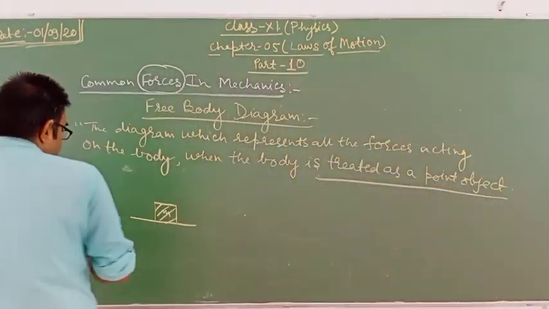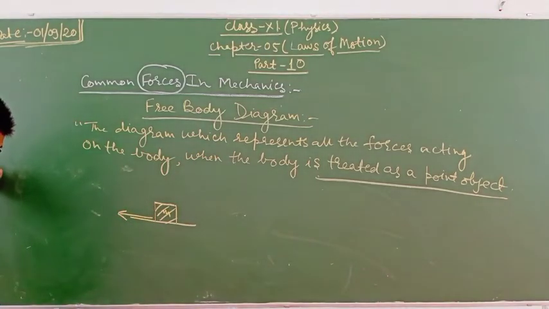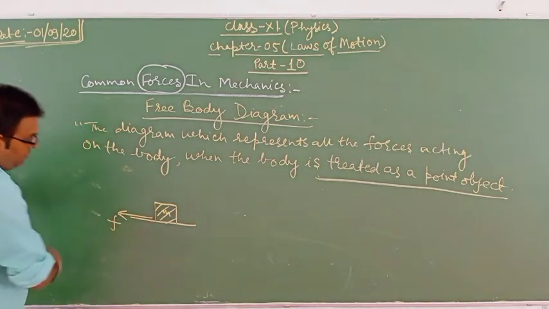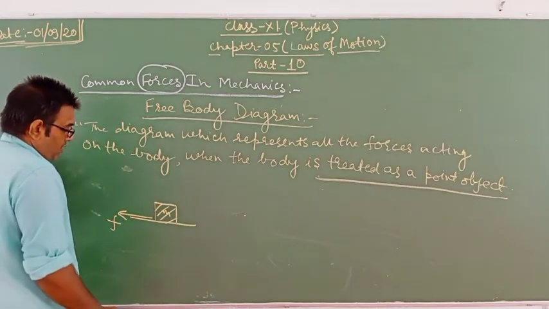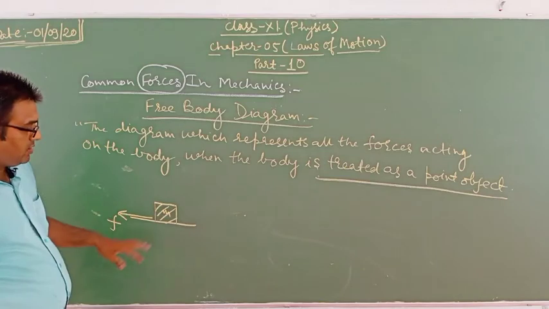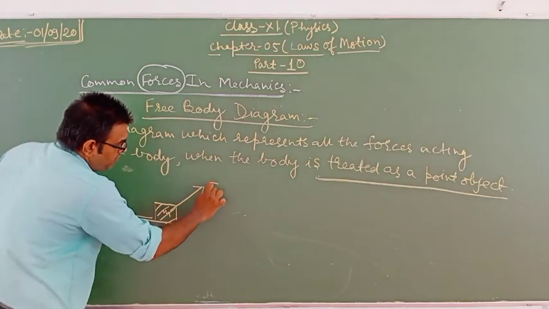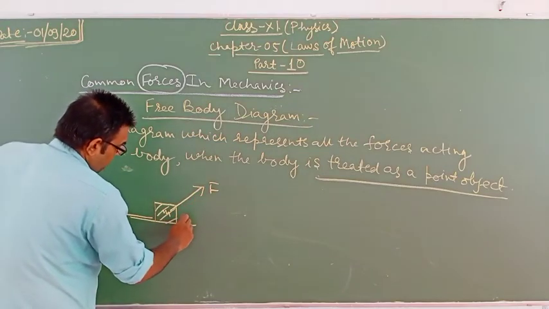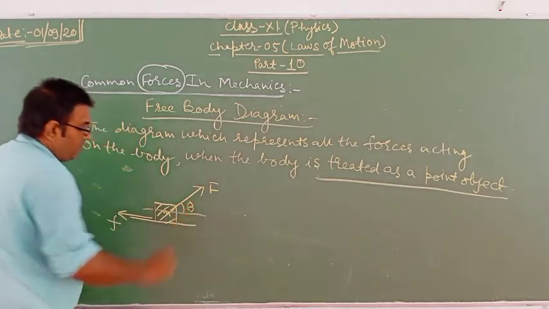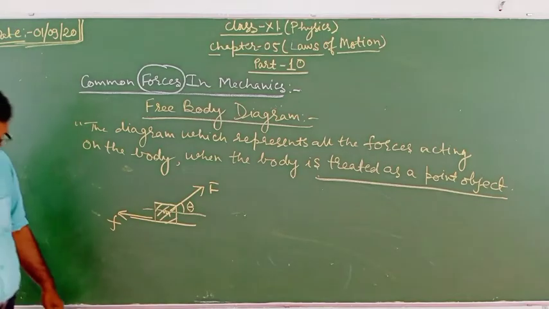So here we are considering a force parallel to the motion of the block, called the frictional force f. We are pulling the object with a force F which is making an angle theta with the horizontal. Now we are interested to draw its free body diagram.